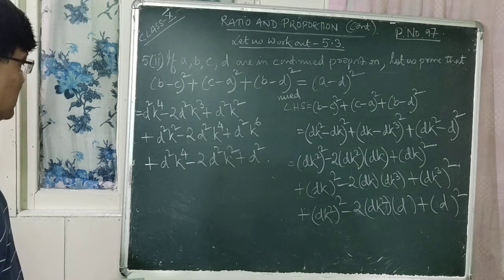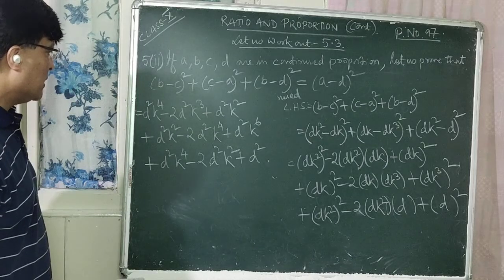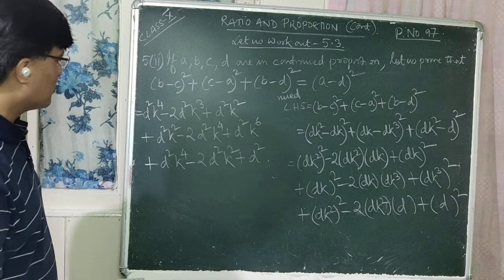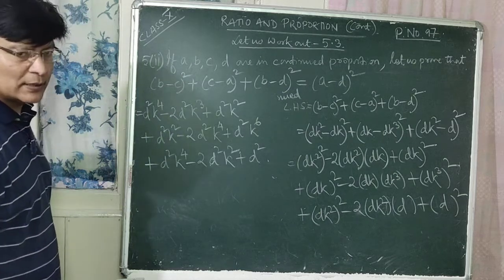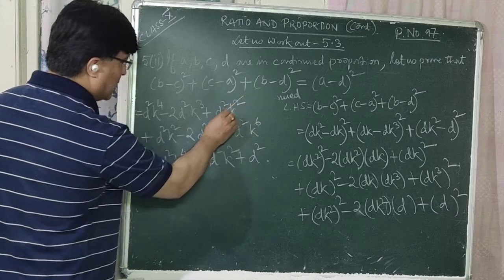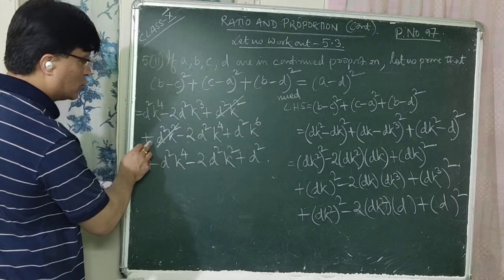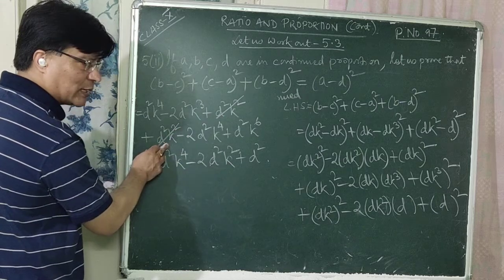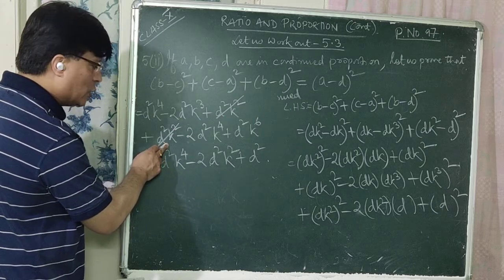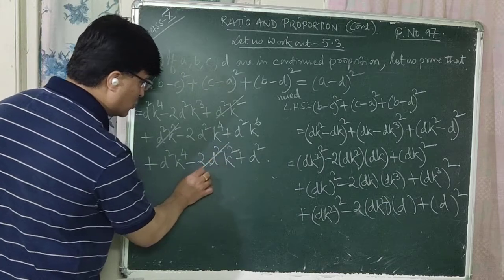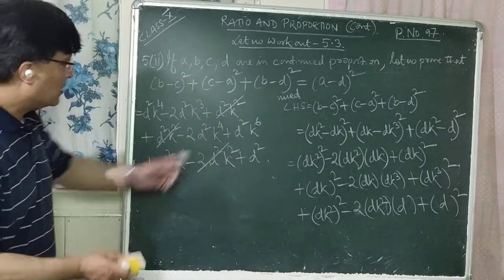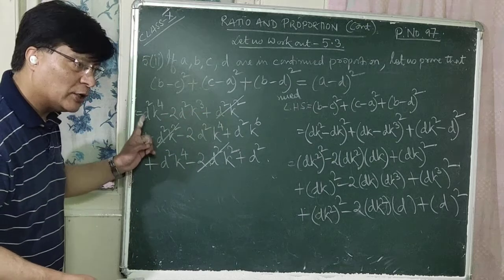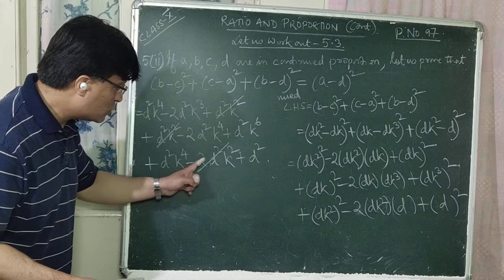So let us simplify it. Now in this case, you can cancel some terms out. d²k² plus d²k² is 2d²k², isn't it? You can cancel it with this one, minus 2d²k², right?